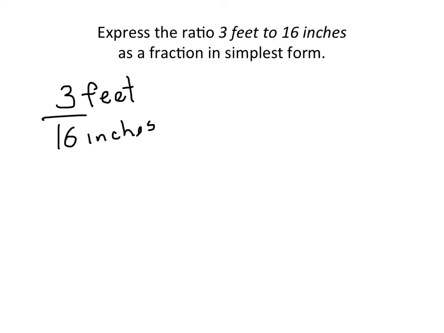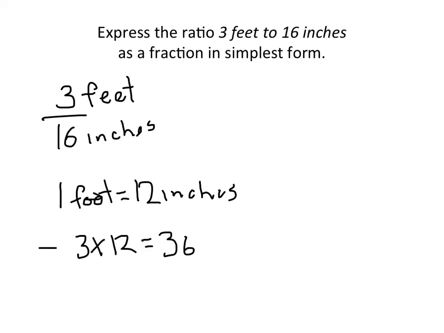So we have to remember that 1 foot is equal to 12 inches. So we're going to use that to change feet into inches. You can see 3 times 12: we have 3 feet, and we're going to multiply it by 12 inches. That gives us 36.